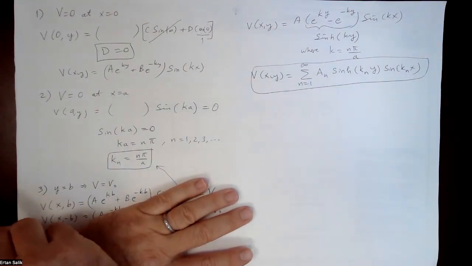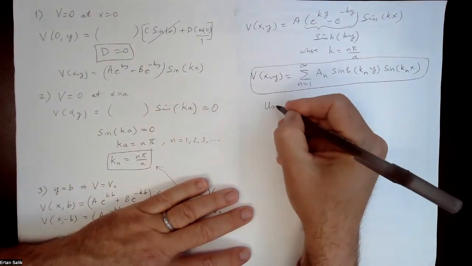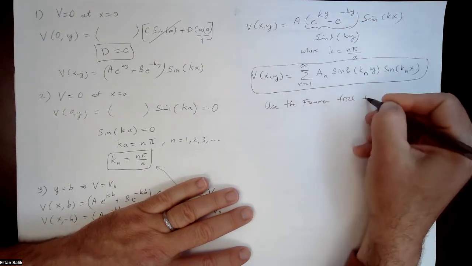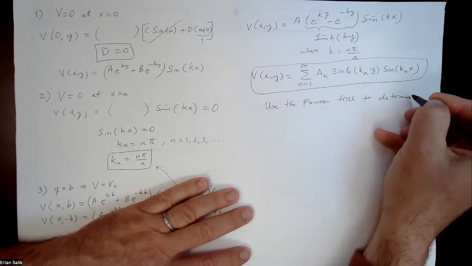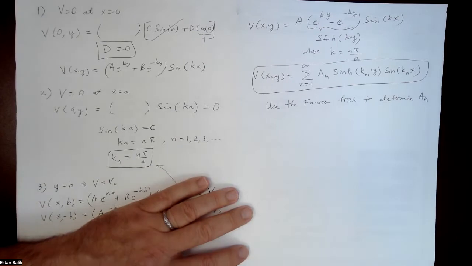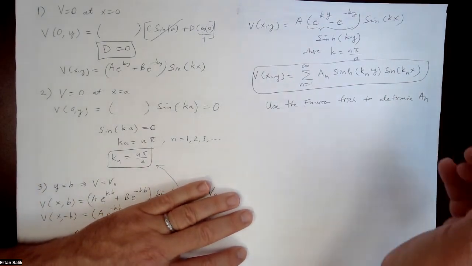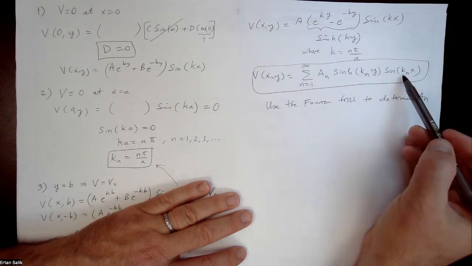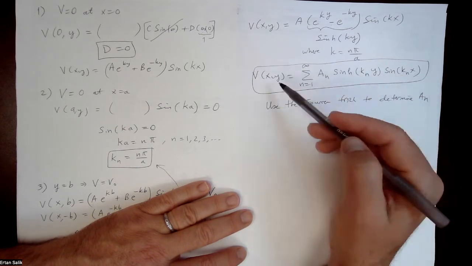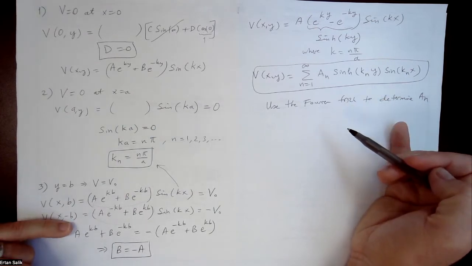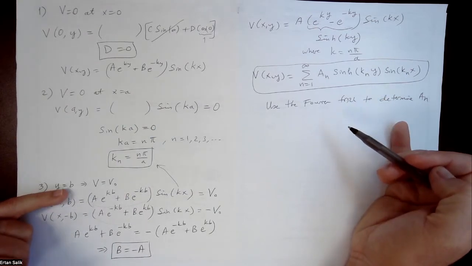Okay, and let's use the Fourier trick to determine an, right? So in this case, what I'm going to do is, I'm going to use the same boundary conditions I used here at b, one of them, right?